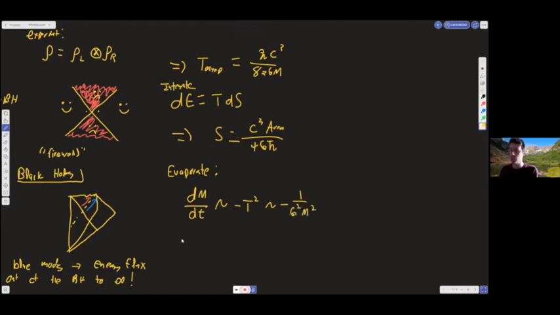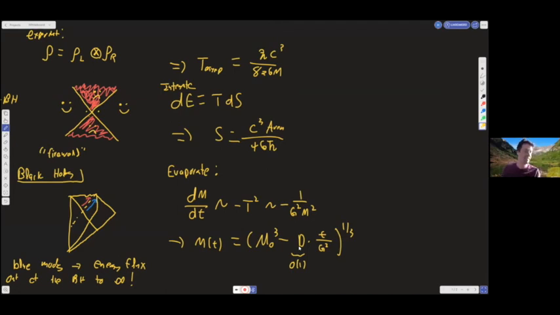If you integrate this differential equation, you get that m of t is like the initial mass cubed minus some constant d times t over g squared, to the 1/3. This d is just some order 1 constant that depends on what kind of fields are around, and you have to solve a numerical differential equation to figure it out. We're not going to do such grubby things here.